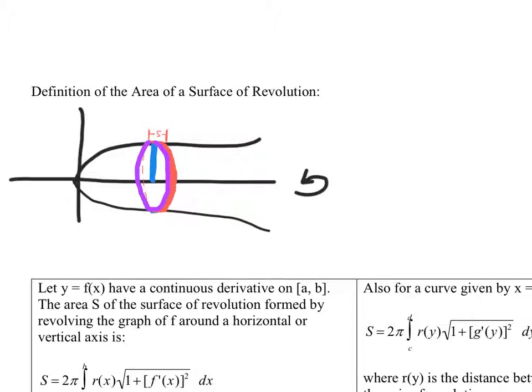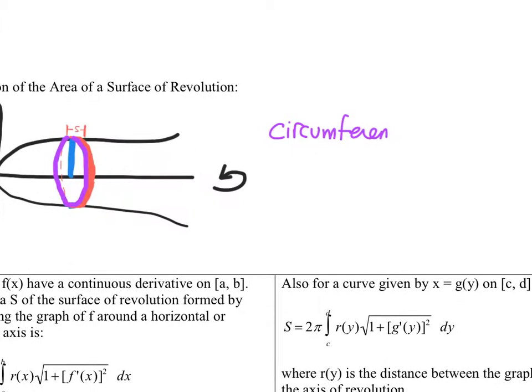All right, circumference C equals 2 pi r.